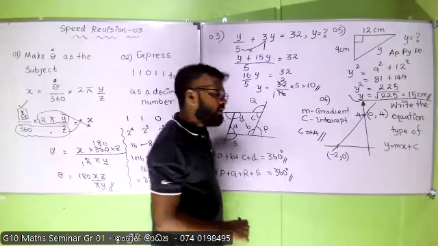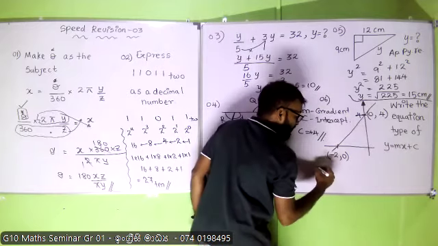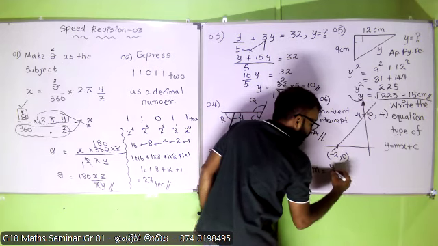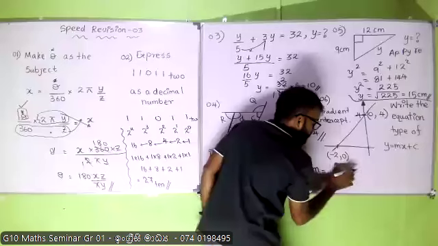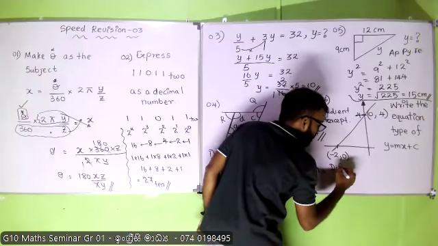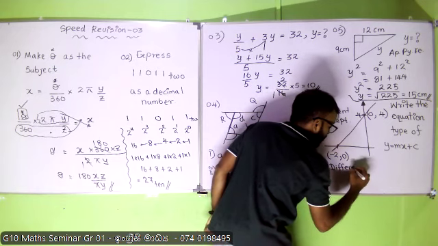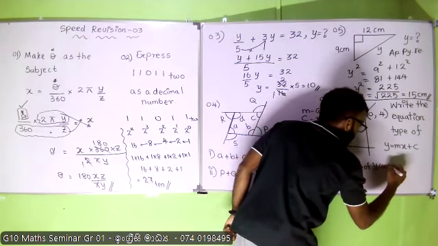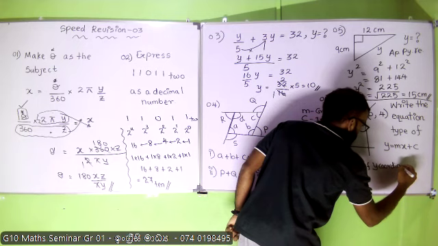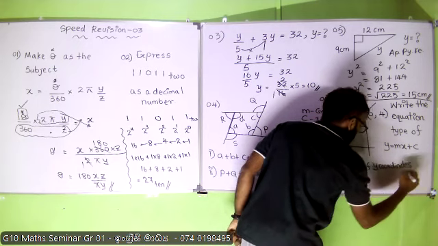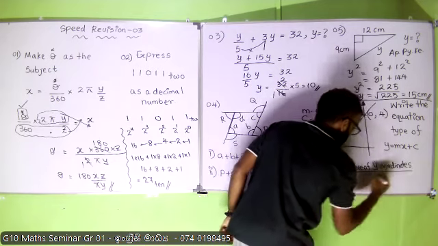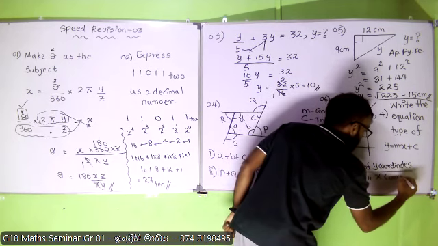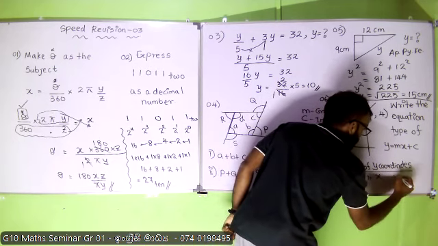So you have to find m. How to find m? Gradient. This is the y equals mx plus c. Gradient m can be found as the difference of y coordinates divided by the difference of x coordinates, right?